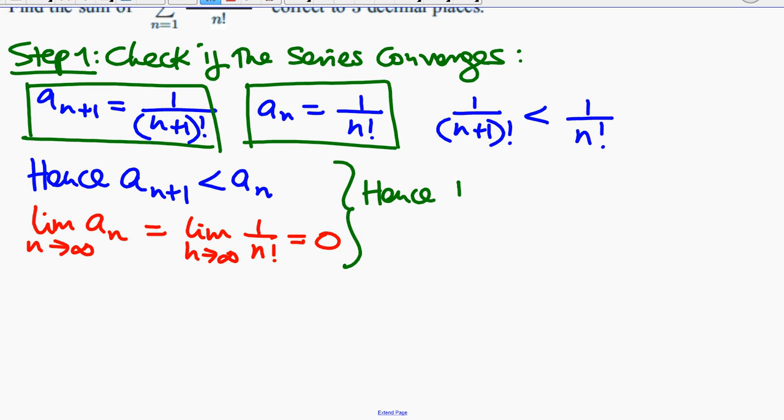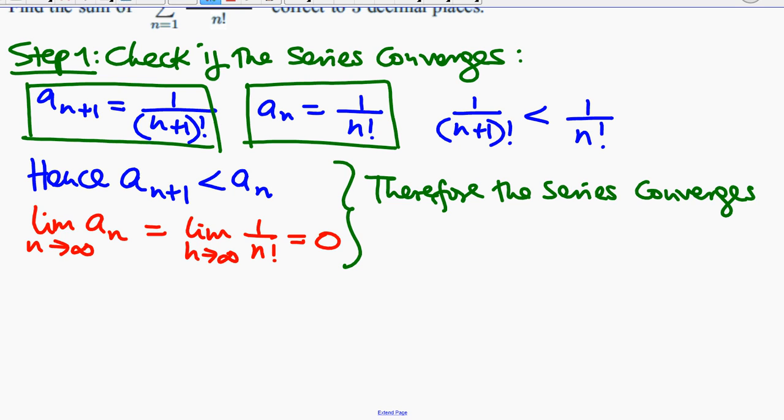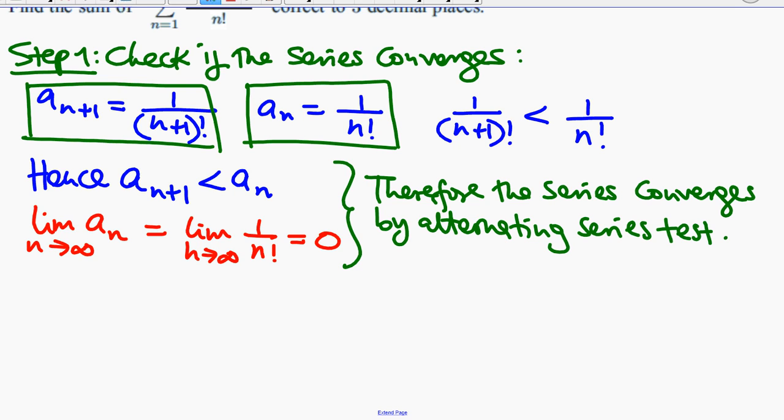Therefore, the series converges by alternating series test.